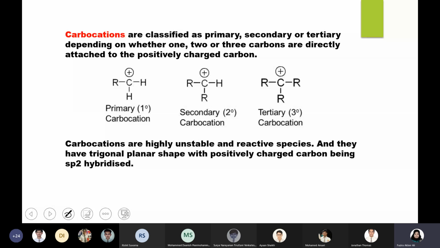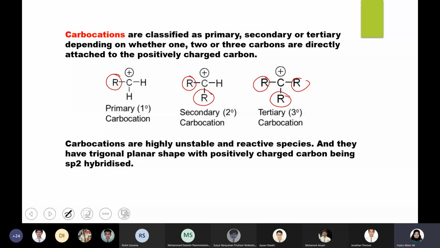So if you know what an alkyl group is, then look at the formulas given. Primary carbocation means there is one alkyl group attached. Secondary carbocation means two alkyl groups are attached to the positive carbon. Tertiary carbocation means three alkyl groups are attached to the positive carbon.